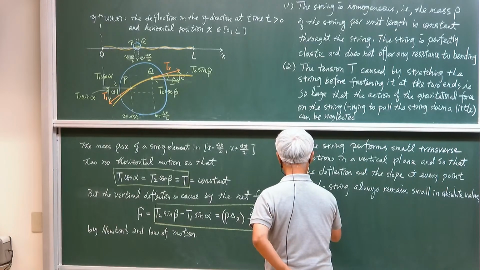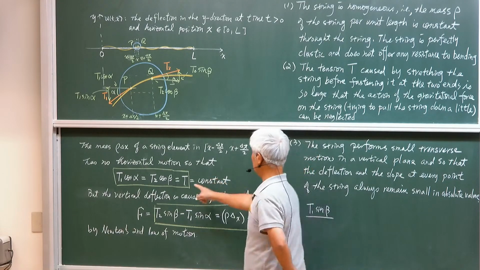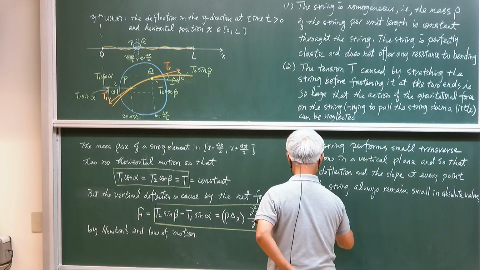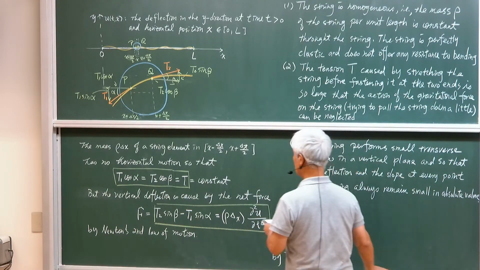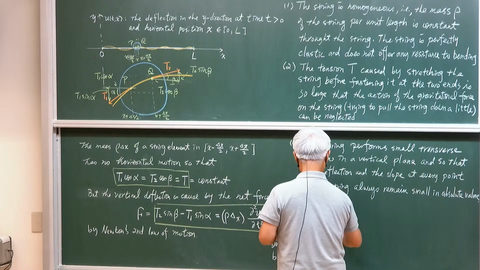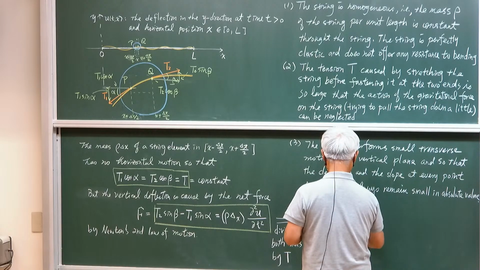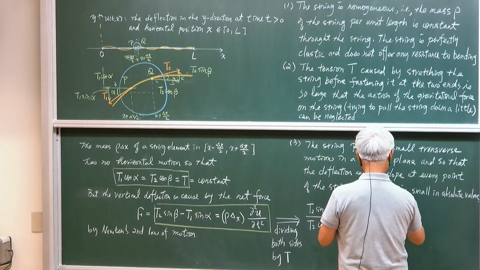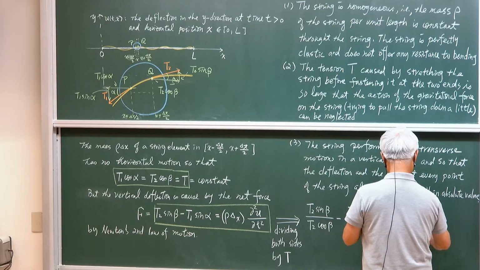So we have T2 sine beta divided by T2 cosine beta minus T1 sine alpha divided by T1 cosine alpha equal to rho delta x divided by T times the acceleration.